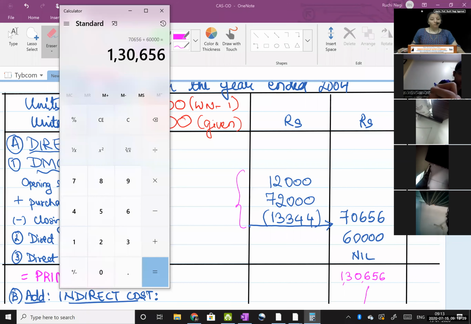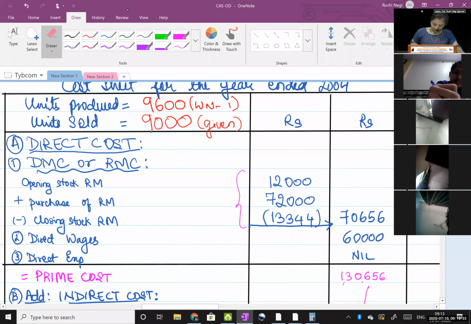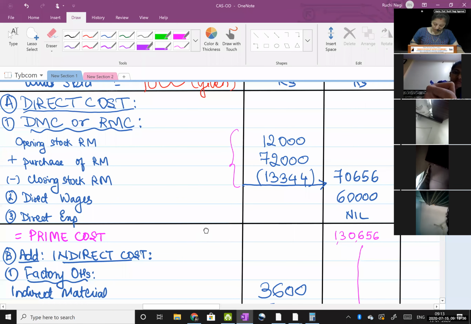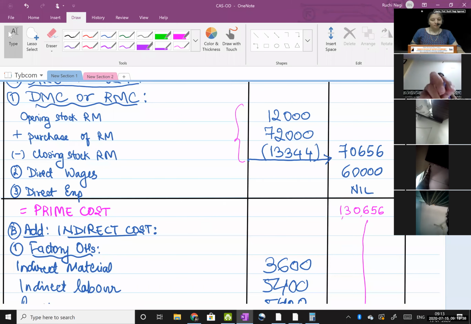So my answer is 1,30,656. Inner column total in the outer column, and the outer column also you have to total. 1,30,656 is known as my prime cost. What is prime cost? Sum total of direct cost.